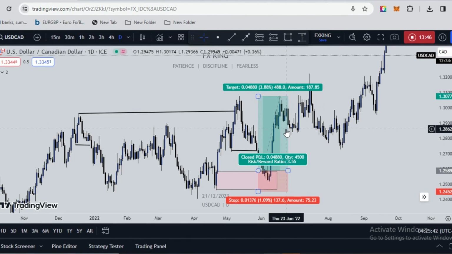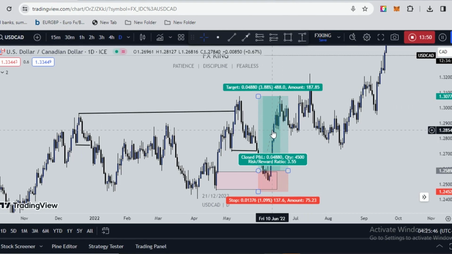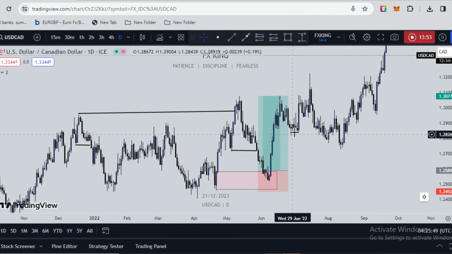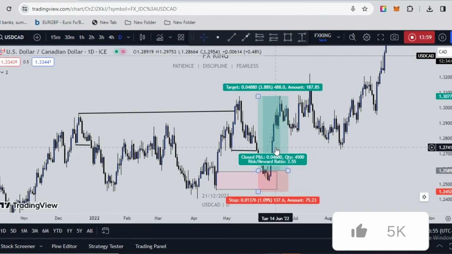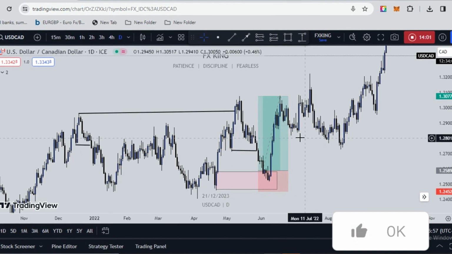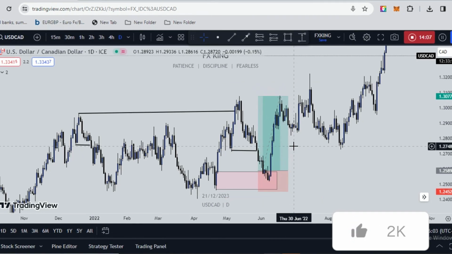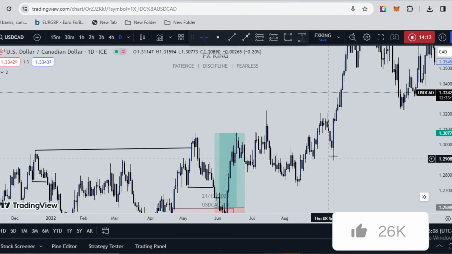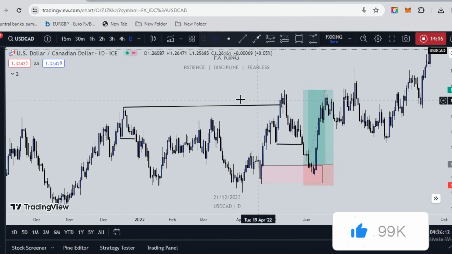Then when this level of inducement was cleared out by this, it was transferred here. So when price finally swept this, we started looking for an entry. We started looking for an entry after the inducement was taken out. So in this case, I think we never had an entry there, but price finally continued rallying up as you can see.